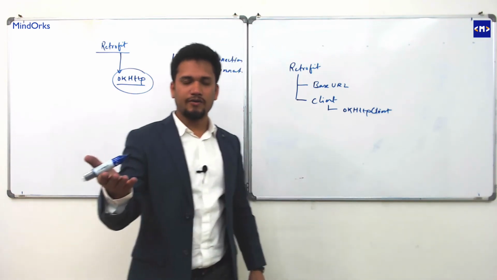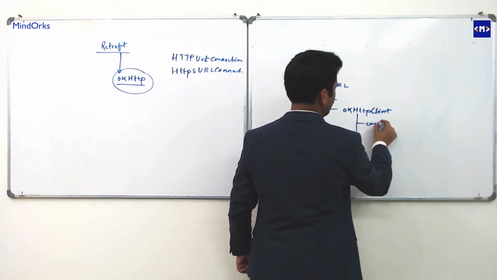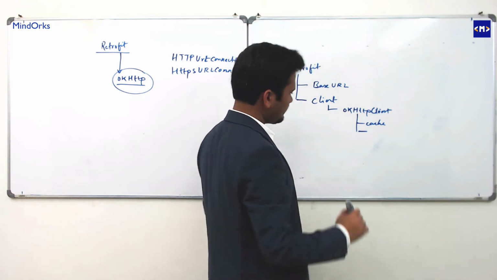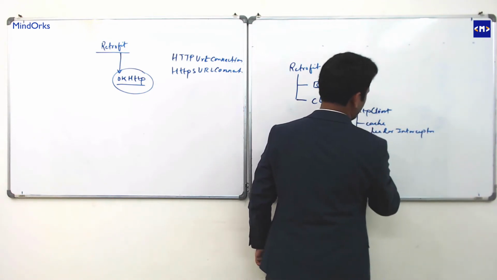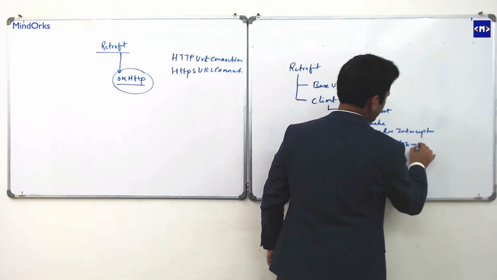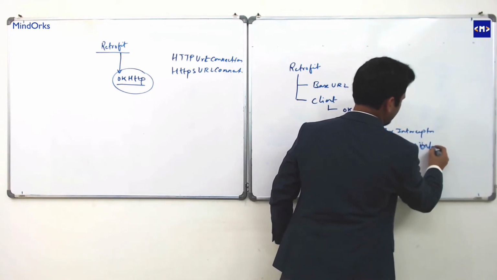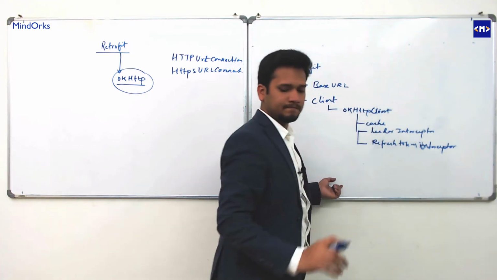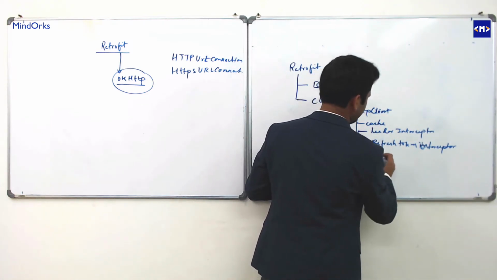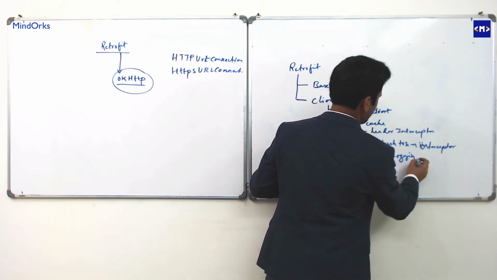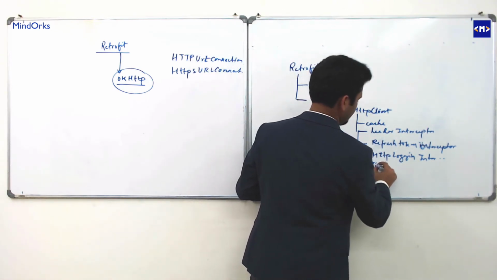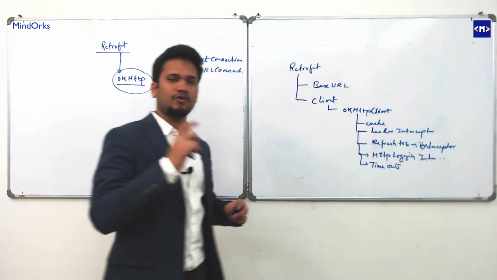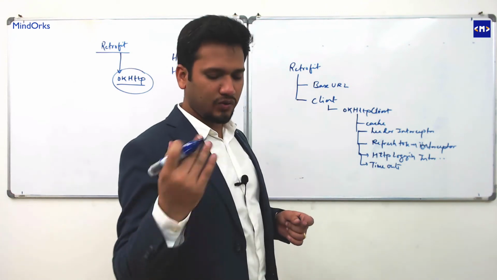What we have used in our architecture: there is a cache, then there is a header interceptor, then there is a refresh token interceptor, then we have an HTTP logging interceptor, and then we have timeouts, that is, after what time I will consider the request to be cancelled if we don't get a response back from the server.